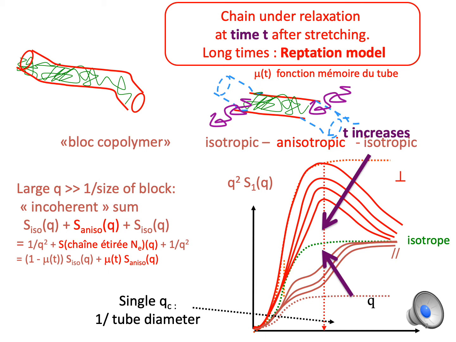So the intensity at large Q is an average of an isotropic scattering and anisotropic scattering, as you can see in the formula. And finally, the scattering, which you can see in this Kratky plot, rejoins the isotropic scattering with a single crossover in Q. QC is here equal to the inverse of the tube diameter.